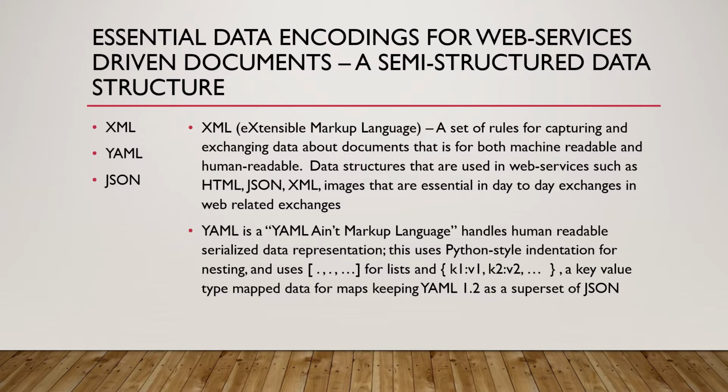So remember that documents are about semi-structured data, which is about key value pairs, for example, and the web services data are essentially semi-structured data, which means it is both machine readable as well as human readable.